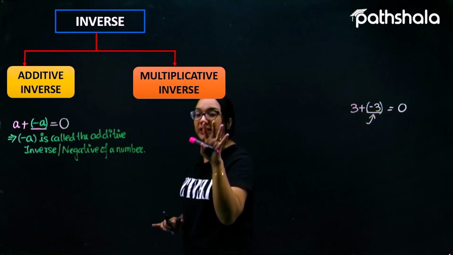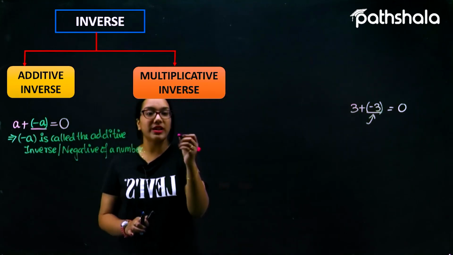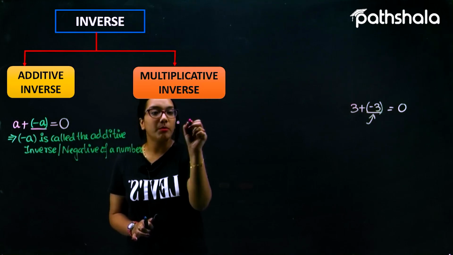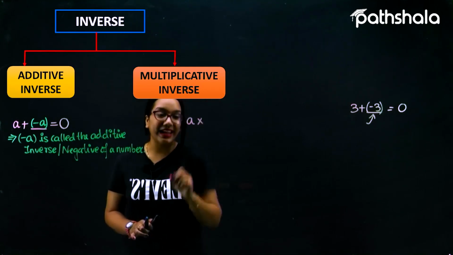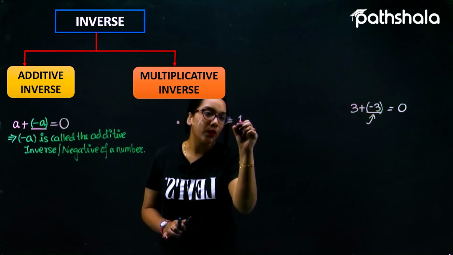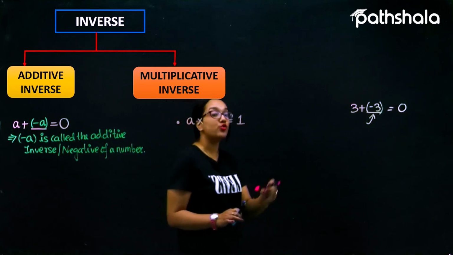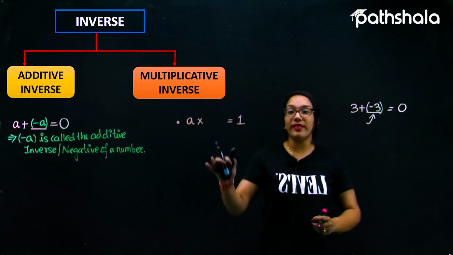Let's move on to the multiplicative inverse. What is the meaning of multiplicative inverse? Let me ask a question again: what will you multiply with A so that the answer is 1? What is that particular number which, when multiplied with the number A, gives 1?